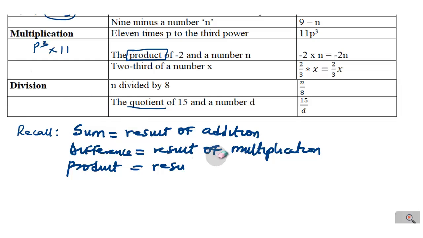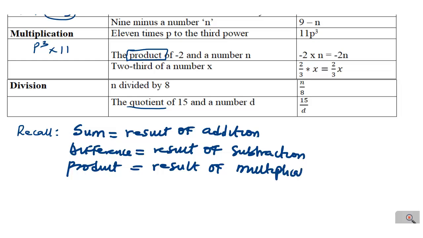Pardon me, I made a mistake. Difference is the result of subtraction. Sorry for that, of subtraction. While product is the result of what? Multiplication.